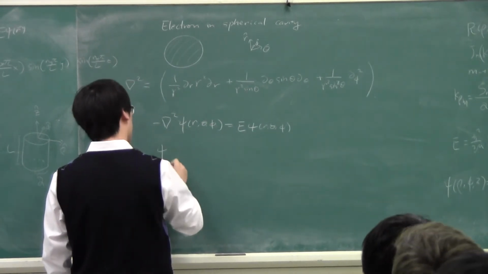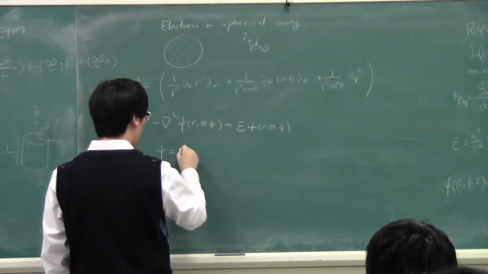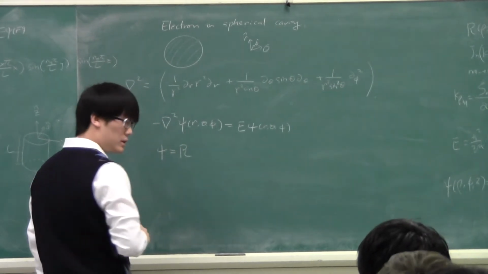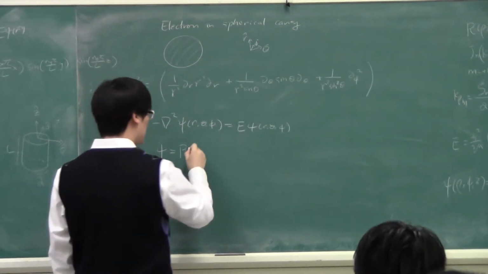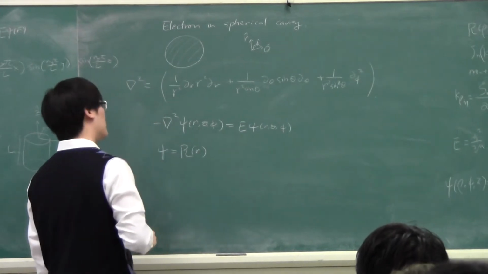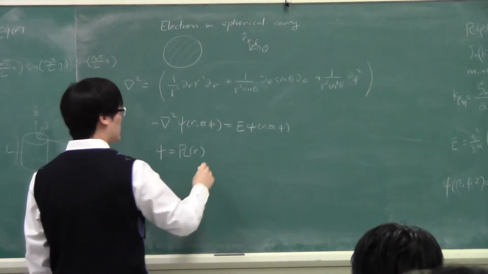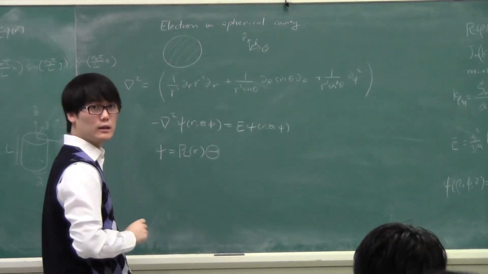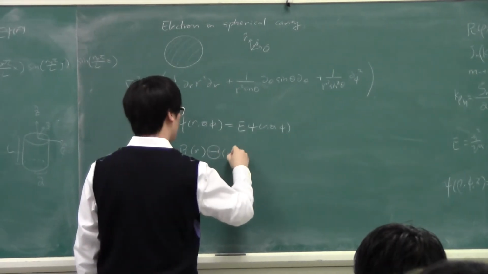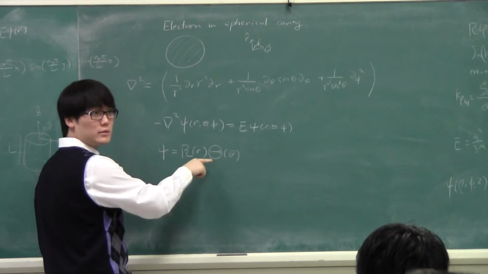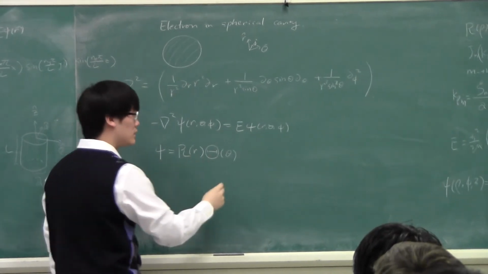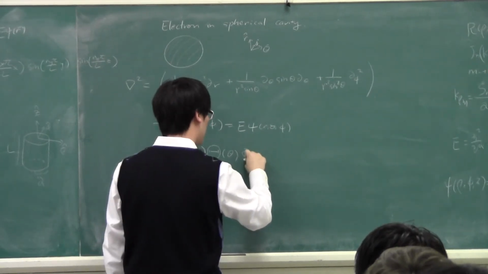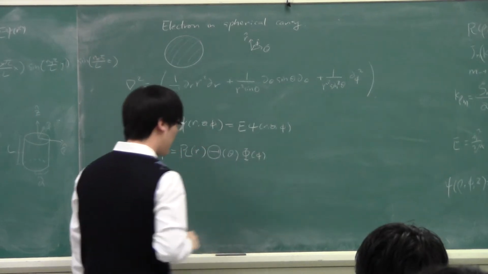So again, I assume phi to be a product of 3 functions. In the radial direction, I'm still going to use r. Okay. In the theta direction, I use the capital theta. Okay. And it looks like this. This is not some special operation. This is just theta. And then in the phi direction, I have phi again.